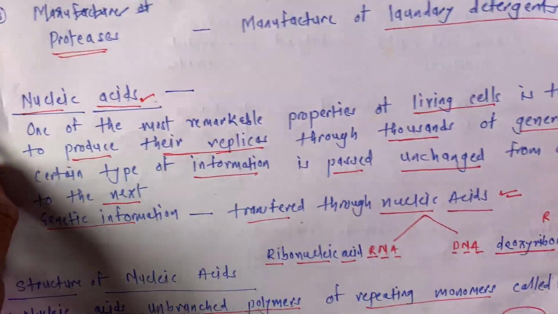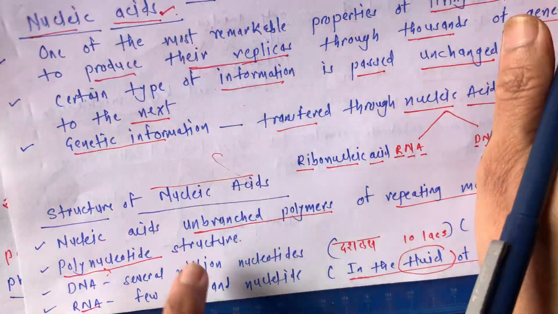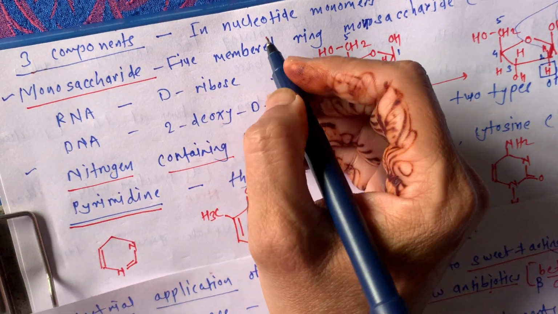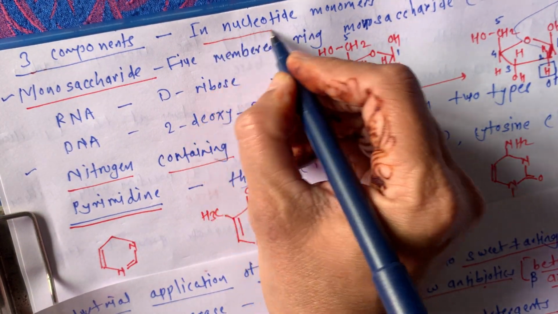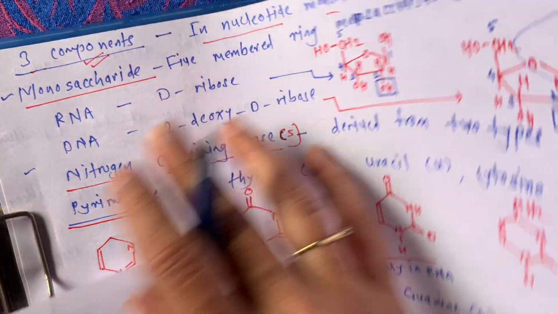Now next, these nucleic acids are made up of three major components. Means in a nucleotide monomer there are three major components. Which are these three?